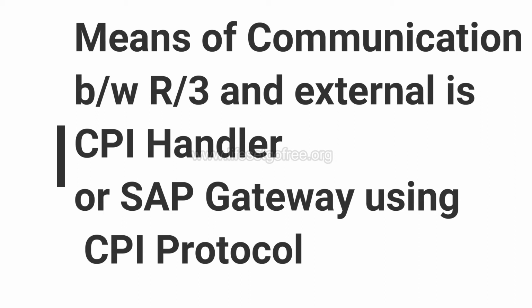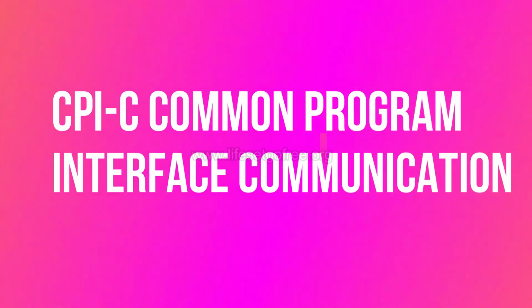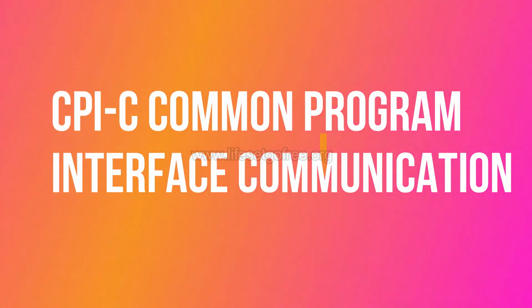I will also inform you what CPIC is. You can note it down. If someone asks you to expand it, it is Common Program Interface Communication. CPI represents Common Program Interface and C represents Communication. CPI-C.